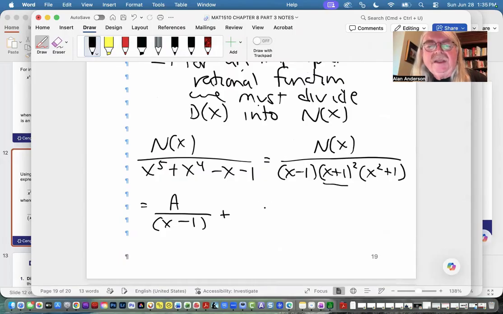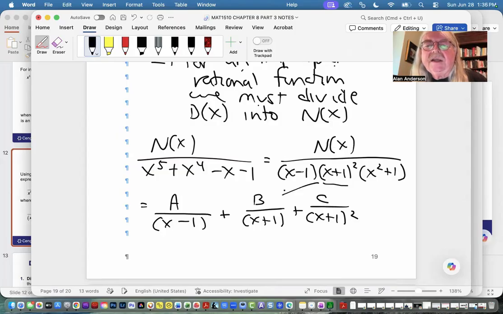Now, this one is repeated. It's linear, but it's repeated. So we need b over x plus 1 and c over x plus 1 squared. So this one accounts for these two.